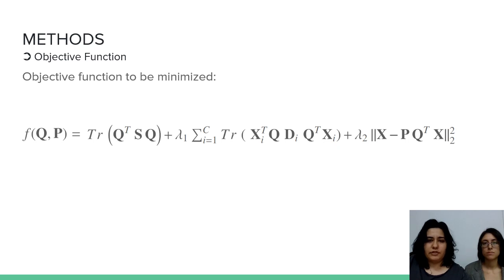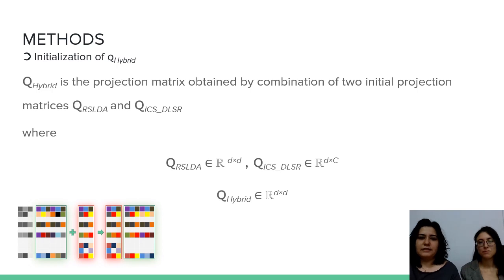The provided objective function allows the estimation of the linear transformation, and the aim is to minimize the objective function. There are several ways to combine two transformation matrices in order to improve discrimination.